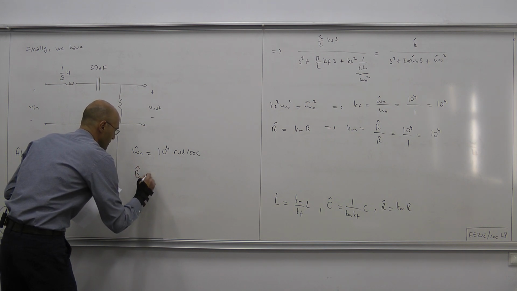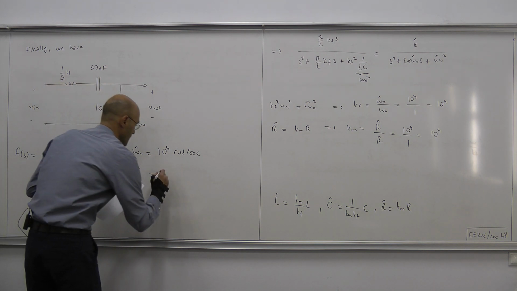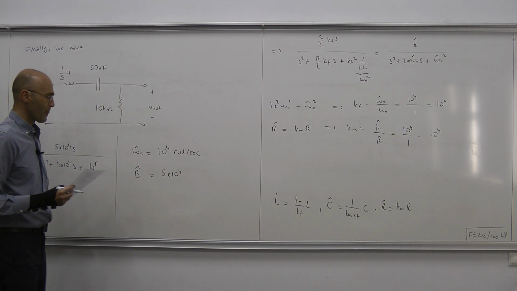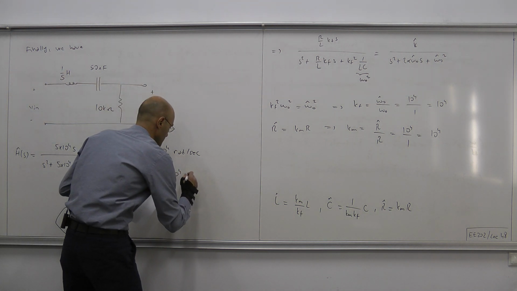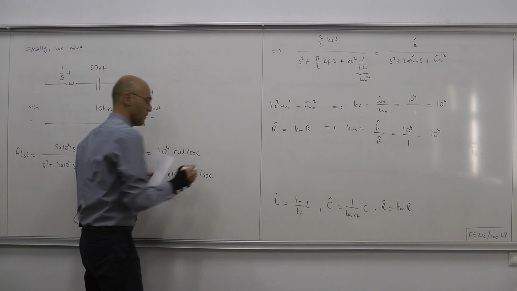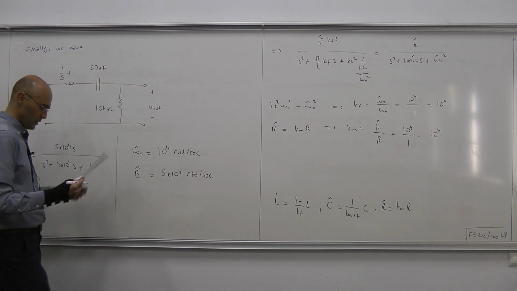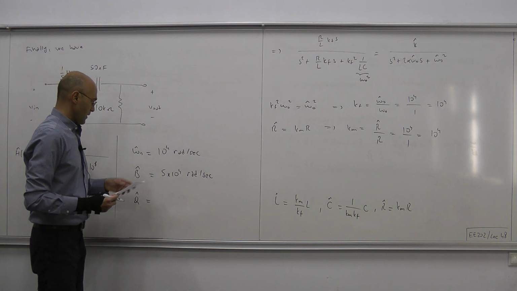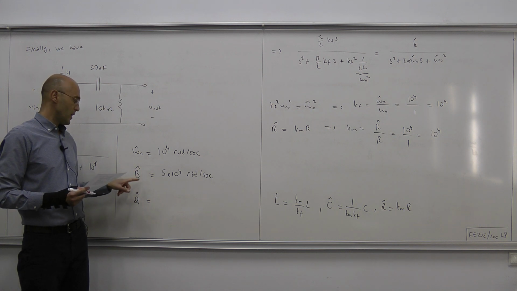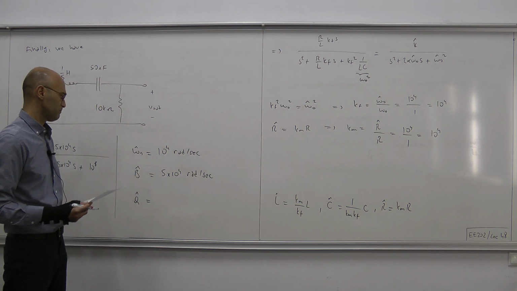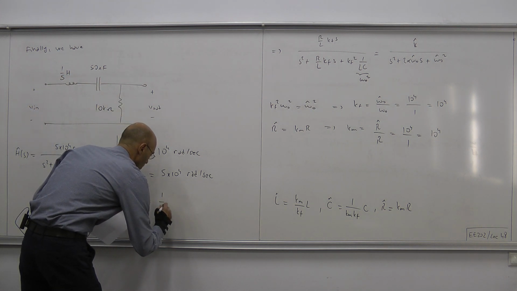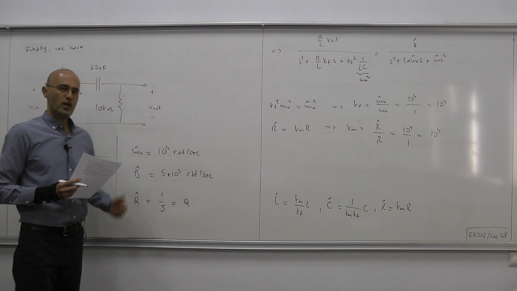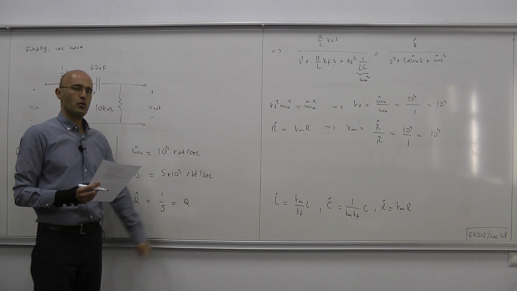The new bandwidth is 5 times 10 to the 4 radians per second. And as for the quality factor, omega 0 hat divided by the new bandwidth equals 1 over 5. Note that the quality factor hasn't changed. It equals the initial quality factor.